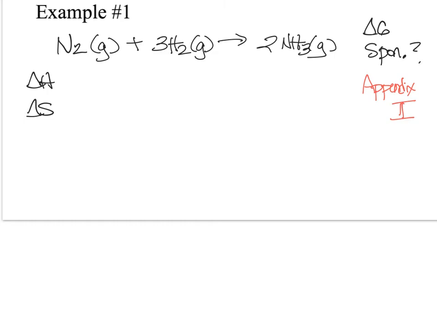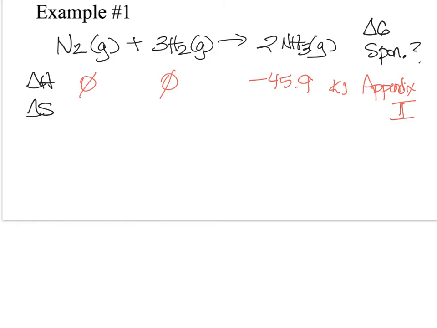So our delta H values for nitrogen and any pure element or pure substance in its elemental state will have a free energy of formation of 0. NH3 is negative 45.9, and delta H is in kilojoules per mole.